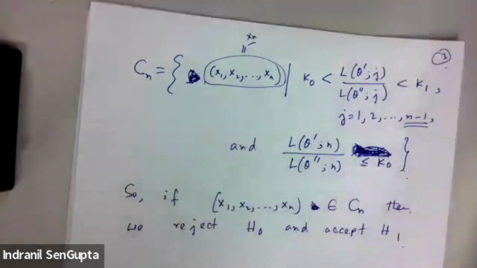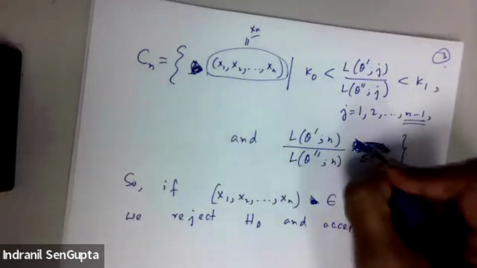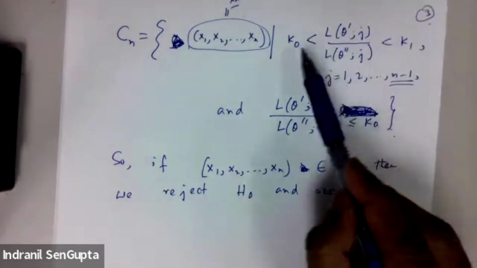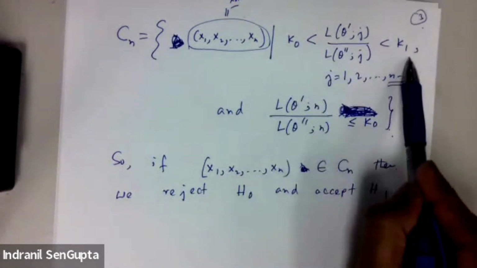That's the first condition. So this is our critical region. Look at the procedure. We are conducting the experiment and getting numbers, right? We are computing the numbers. K0 is a fixed value, K1 is a fixed value.